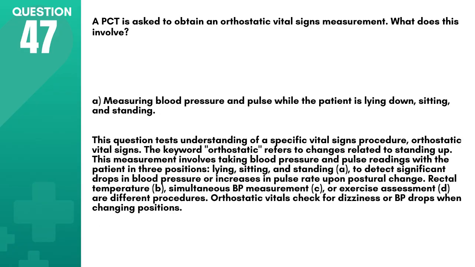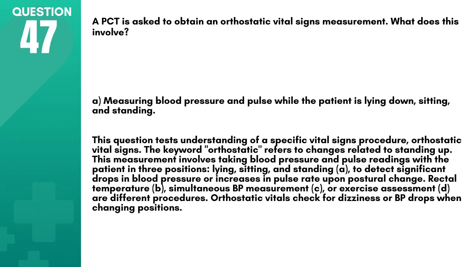Answer. A. Measuring blood pressure and pulse while the patient is lying down, sitting, and standing. This question tests understanding of a specific vital signs procedure, orthostatic vital signs. The keyword orthostatic refers to changes related to standing up.